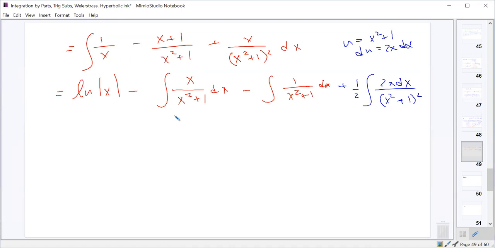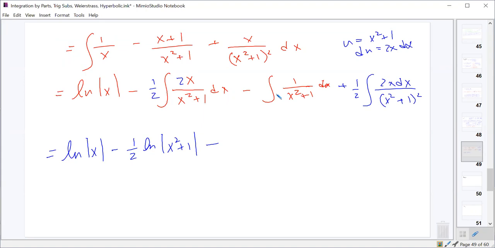And how am I going to deal with x over x squared plus 1? Same thing, right? u is going to be x squared plus 1, so I'm going to get a 1/2 there also. You all agree with that? Yep. All right, so we end up with natural log absolute value x minus 1/2 natural log absolute value of u minus, what's the integral of 1 over x squared plus 1?